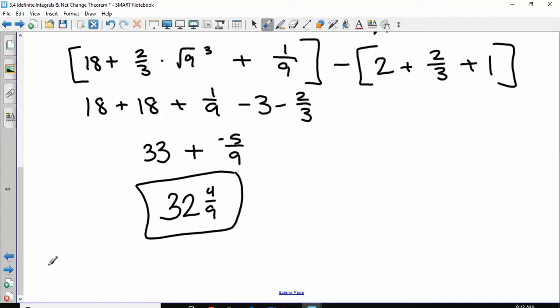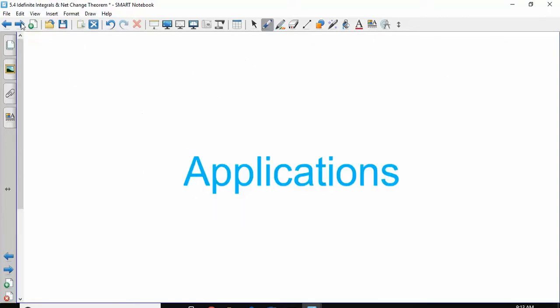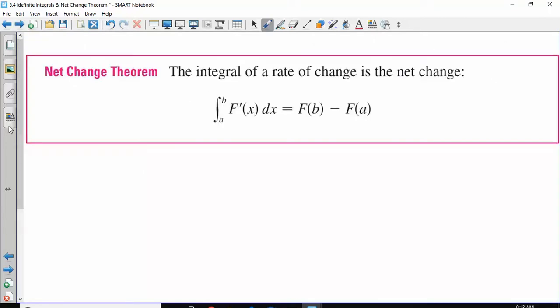Okay. The second piece of this is kind of the newer piece, and it's really just talking about what an integral means. So we're just looking at the meaning of some of these things. First thing I do want to talk about, net change is the overall amount of change. It is really looking at the antiderivative, that final answer.